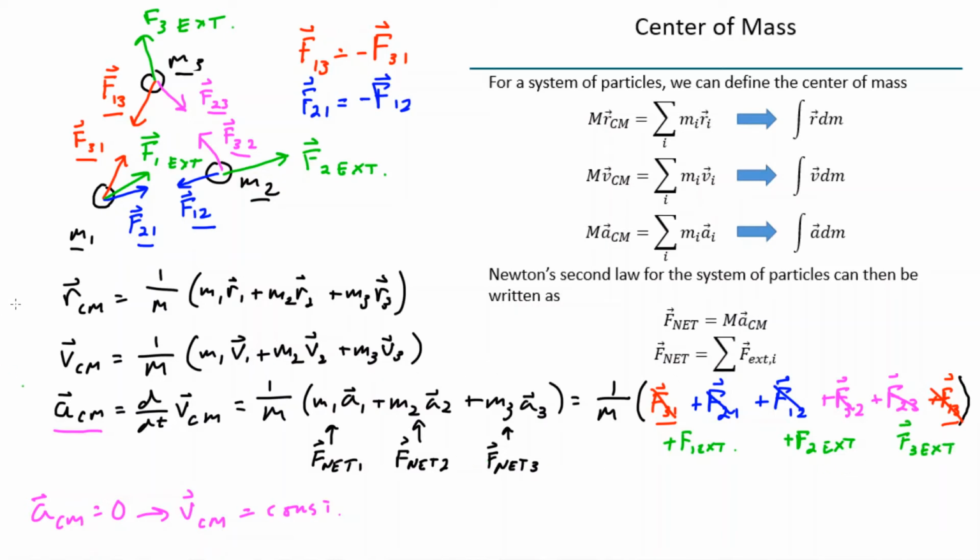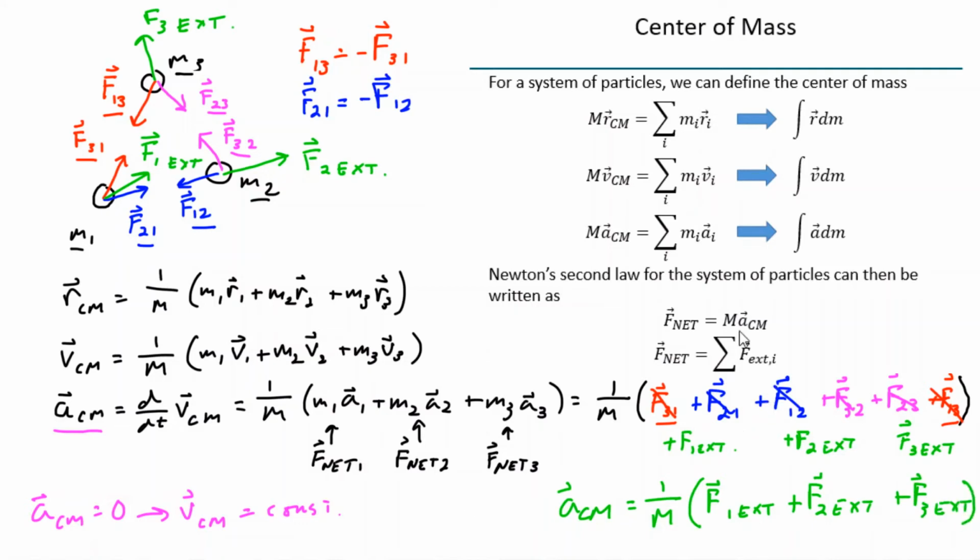So now my acceleration of the center of mass does not equal 0 anymore. This A center of mass equals 1 over m times F1 external plus F2 external plus F3 external. Okay.